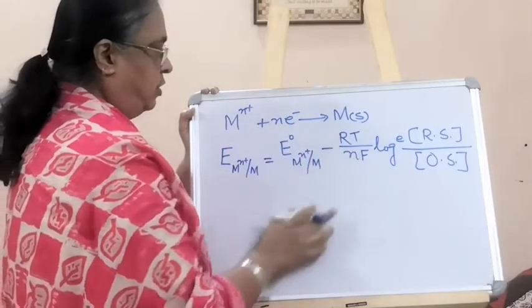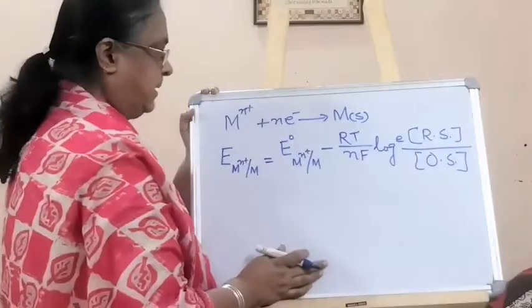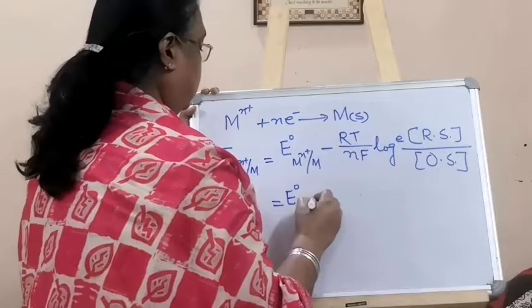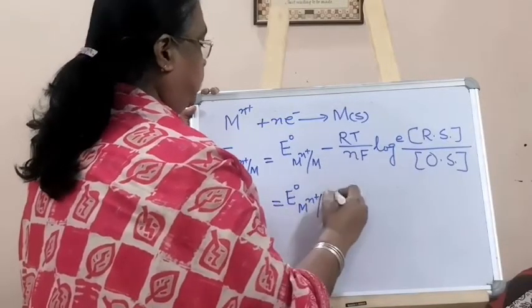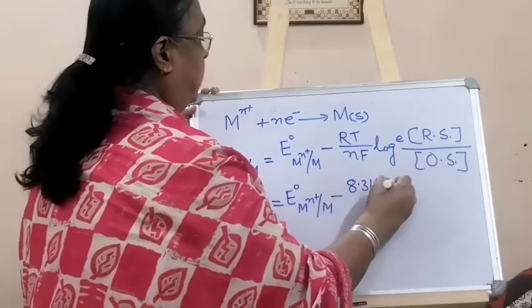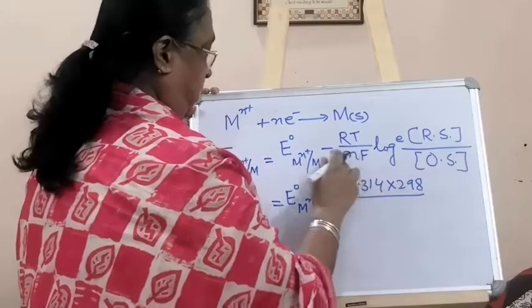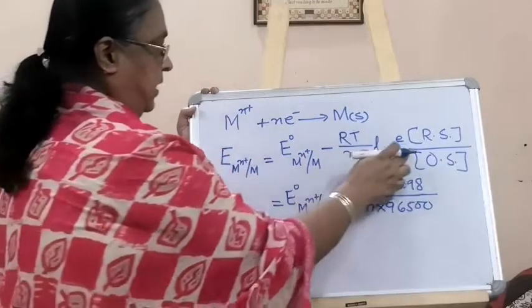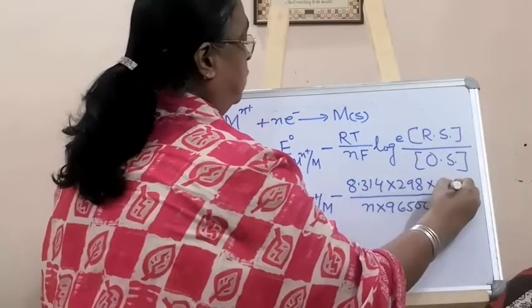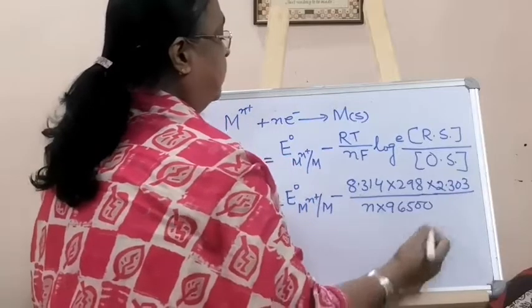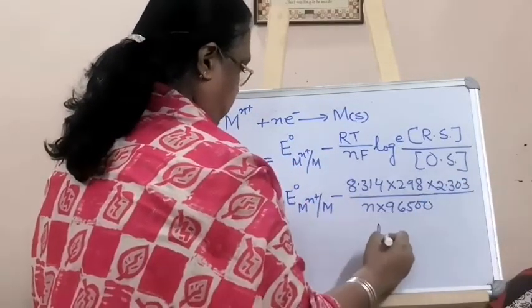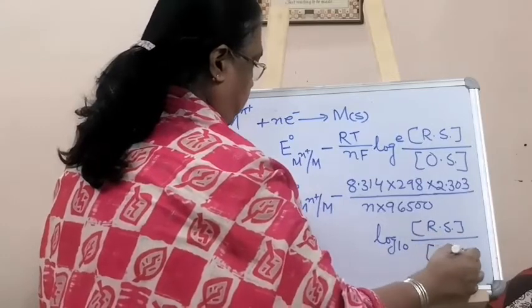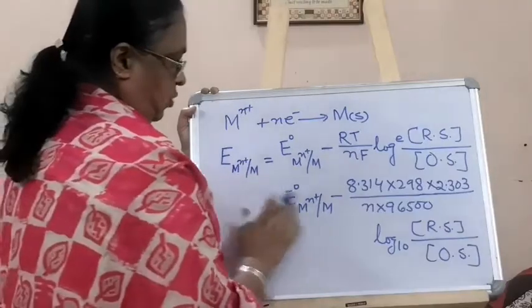R is a constant, F is also a constant, and if we take the temperature as 298, then we have E equals E0 reduction, the standard reduction potential, minus 8.314 into 298 upon n, F is 96500 coulomb, multiplied by 2.303, log base 10 of the concentration of the reduced state upon the concentration of the oxidized state. So this is the whole equation.